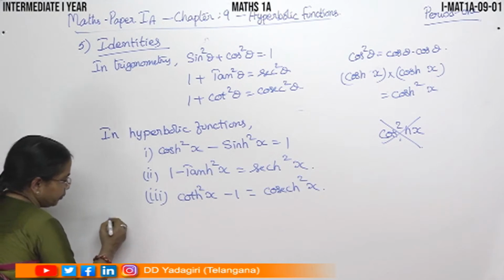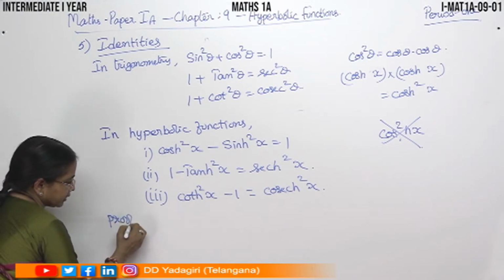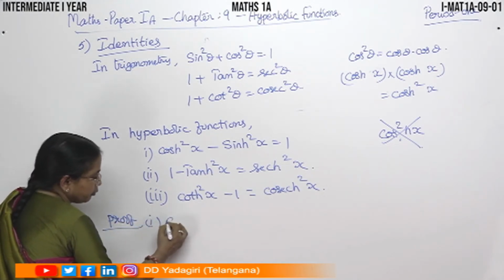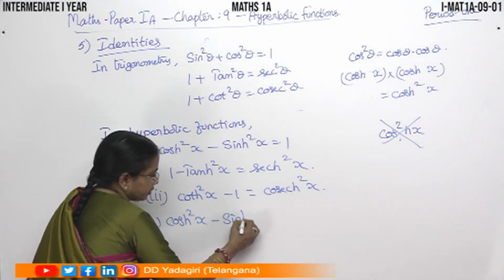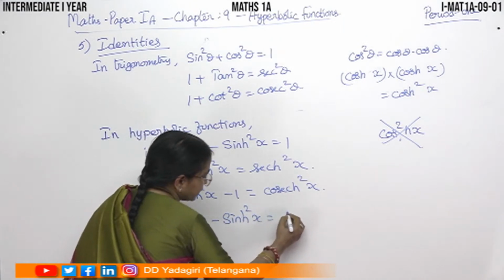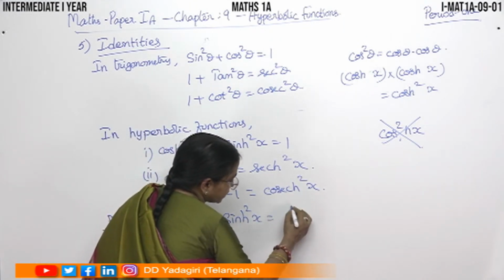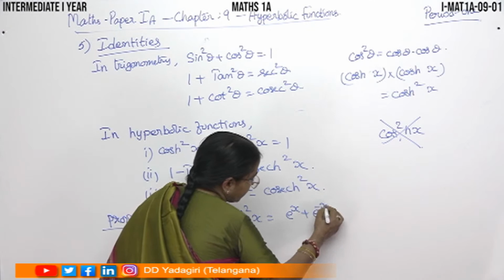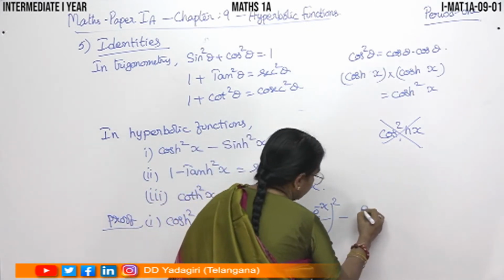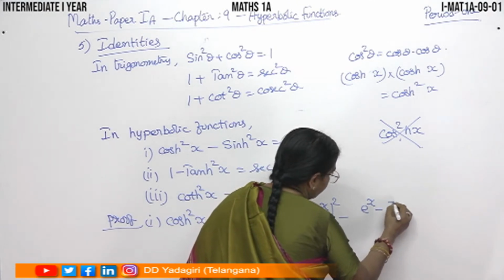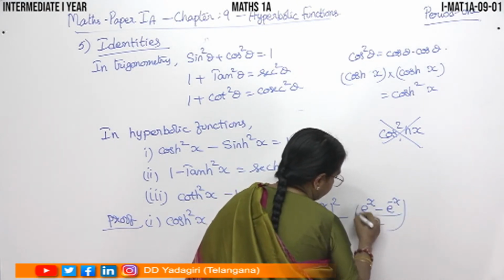So we'll prove. The proof is like this. First one, learn the proof also, how we are doing. Cosh square x minus sinh square x. So the cosh x formula we will write. What is cosh x? (e power x plus e power minus x by 2) whole square, minus (e power x minus e power minus x by 2) whole square.